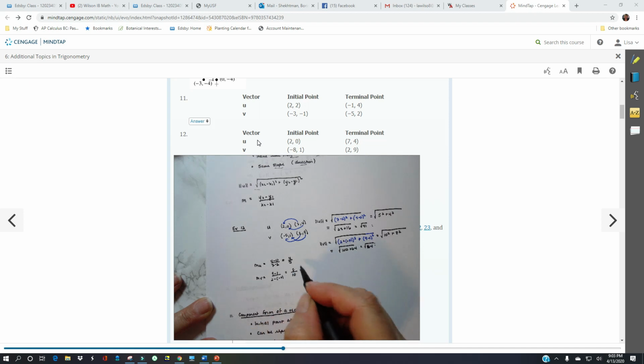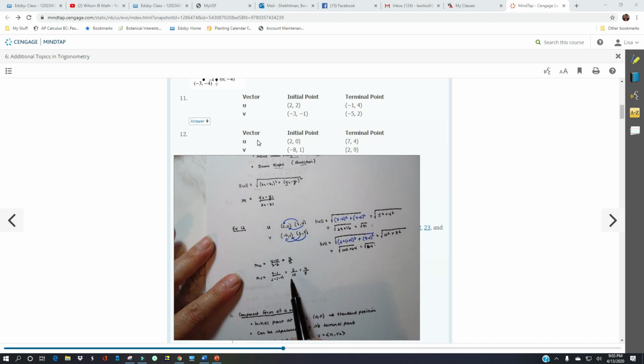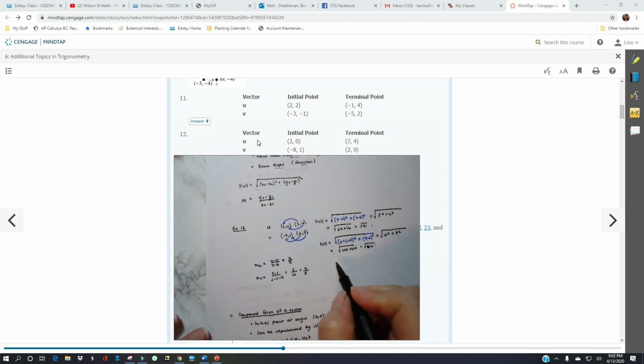If I reduce that down, 2 goes into 8 4 times, 2 goes into 10 5 times. So look at that, my slopes are the same, but my magnitudes are not, and therefore I would say vector u does not equal vector v.